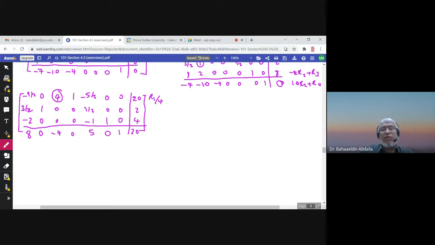It would be negative 9 over 8. 0. 4 divided by 4 is 1. 1 over 4. Negative 5 over 2 divided by 4 would be negative 5 over 8. 0, 0. 20 divided by 4 is 5. And the other rows without any change.